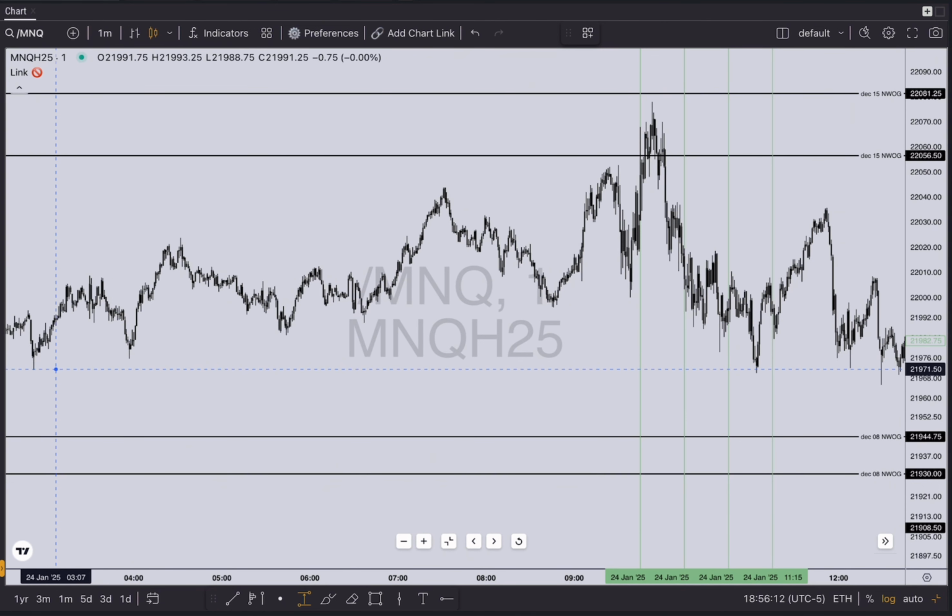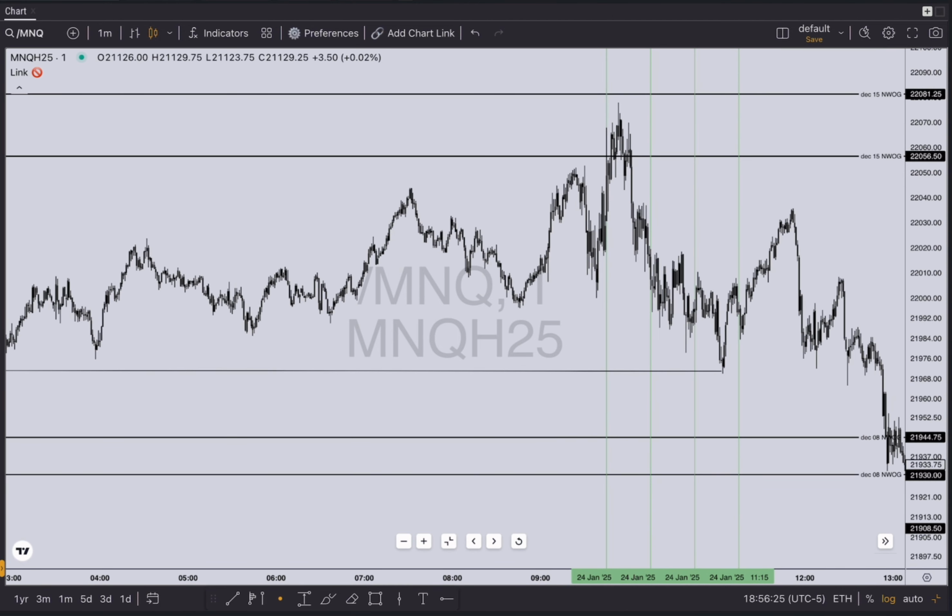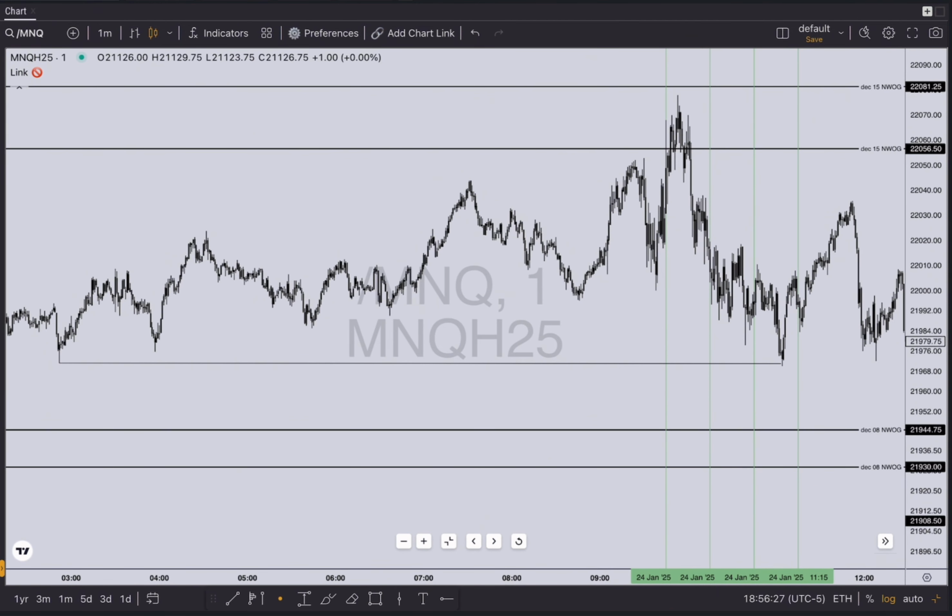We had this low that was swept. So if we take a line and drag it across, you can see how it was swept here very handsomely, right? During what macro? The second AM macro. Sound nice?